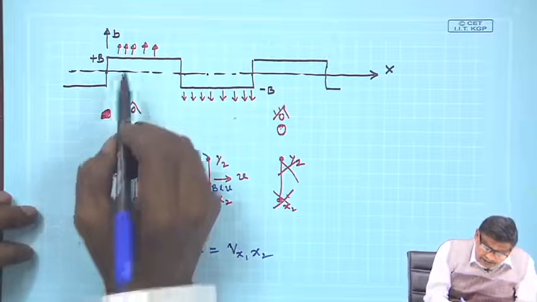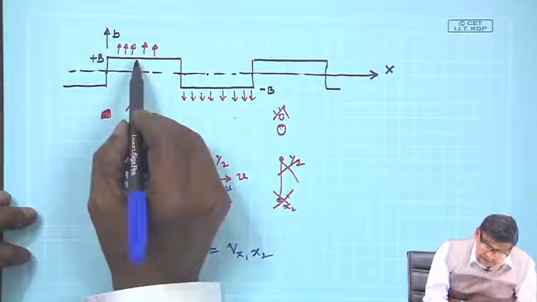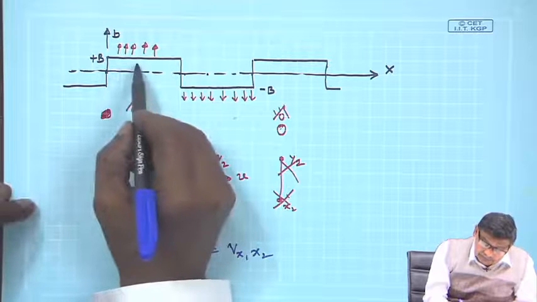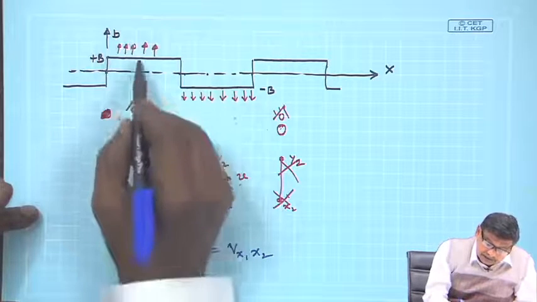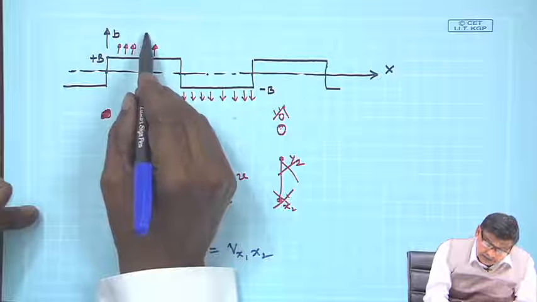Understood. Suppose I say some one pole north or south, this way it is going. So it is heading for a south pole.